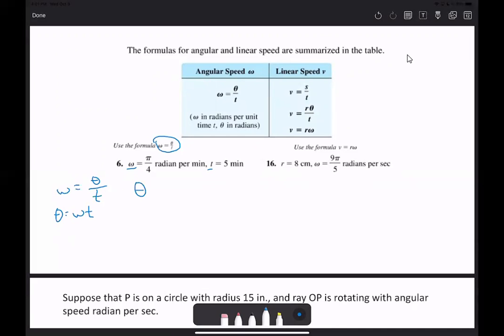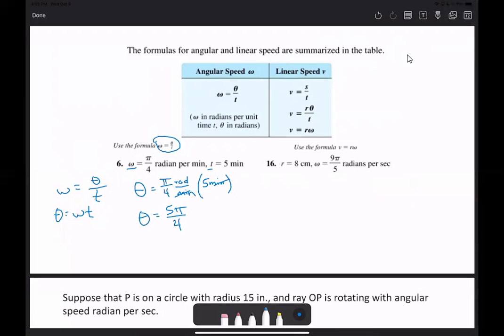We substitute in pi over 4 radian per minute and multiply by 5 minutes. It's important that you think about units here, because they cancel. In this case, the minutes cancel out, so our angle will be 5 pi over 4 radians.